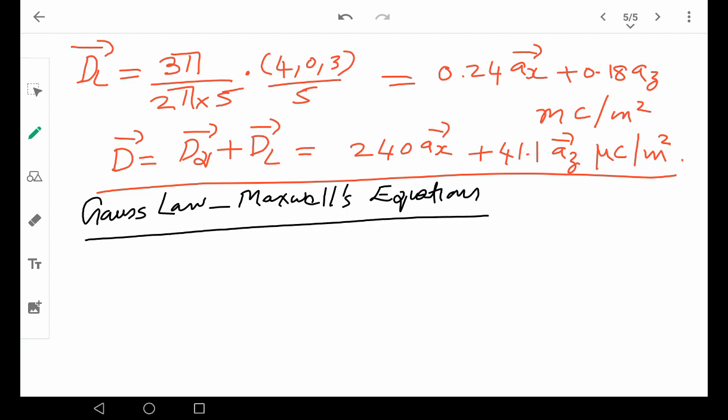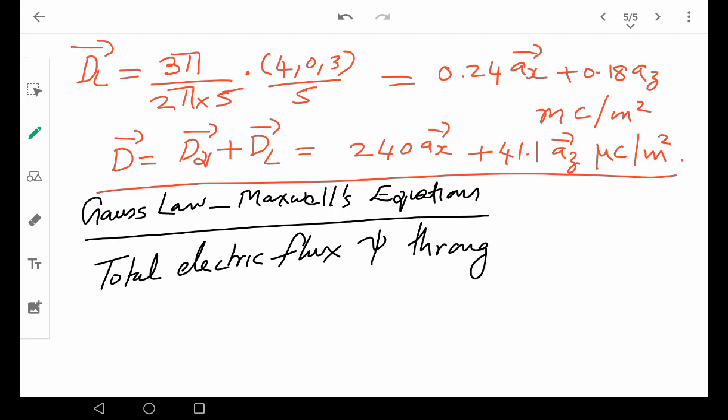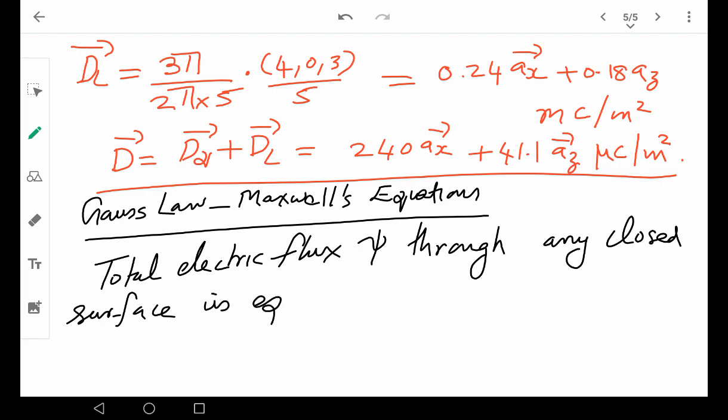Gauss law states that, the statement is like this: the total electric flux, psi, through any closed surface is equal to the total charge enclosed by that surface.